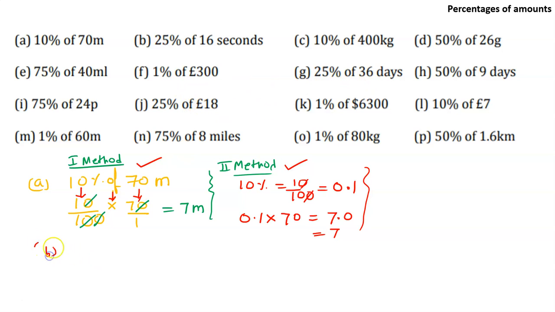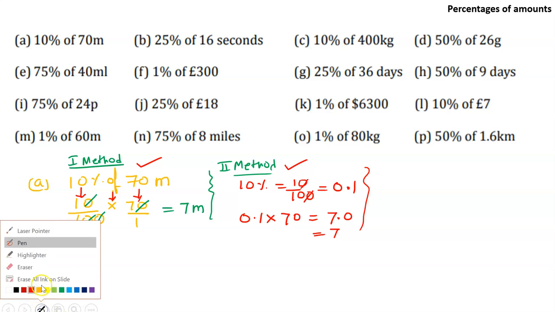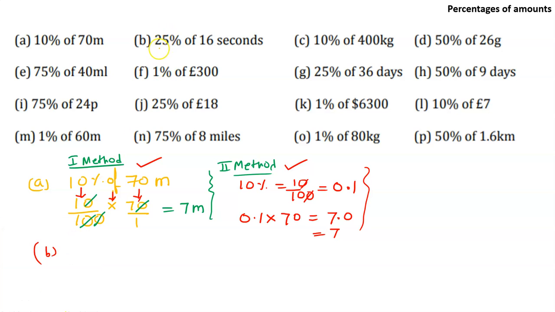So B part is 25% of 16 seconds. Okay, so 25% means 25 upon 100 and times 16. So nothing is cancelling.